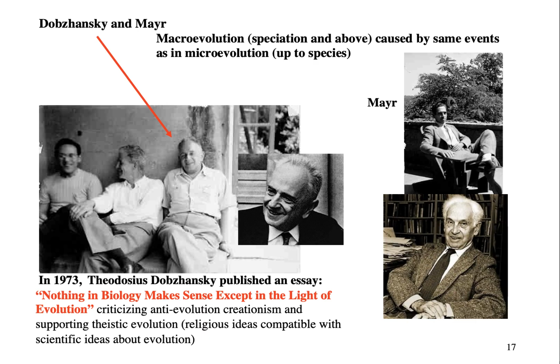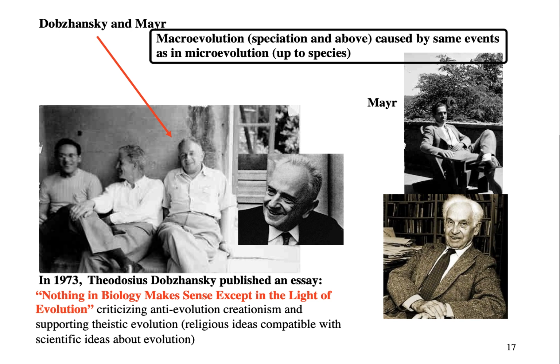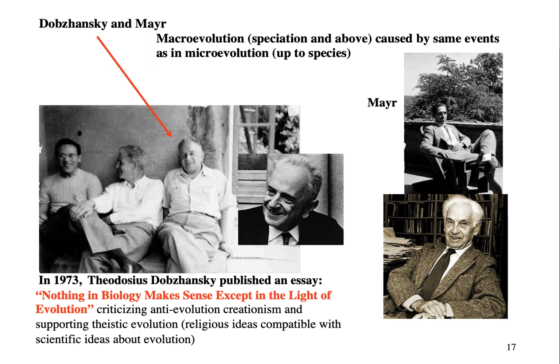And then another part of looking at evolution in a modern sense were Dobzhansky and Mayr, who proposed that macroevolution, that is speciation and above, was caused by the same events as in microevolution, that is leading to species and speciation.